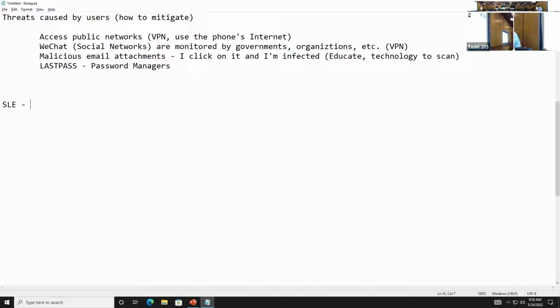So we're going to have that number. We're also going to have our ARO, which is the annual rate of occurrence. So when it comes to my phone, in an organization of 1,000 employees, how many people are going to break, lose, damage, destroy their phone in a year? I don't know.